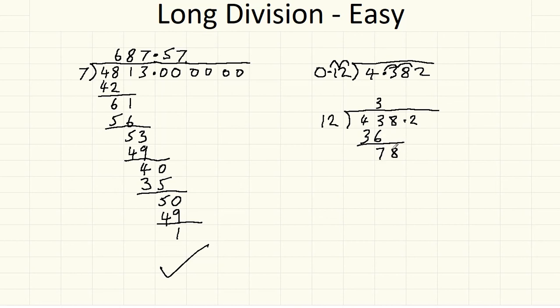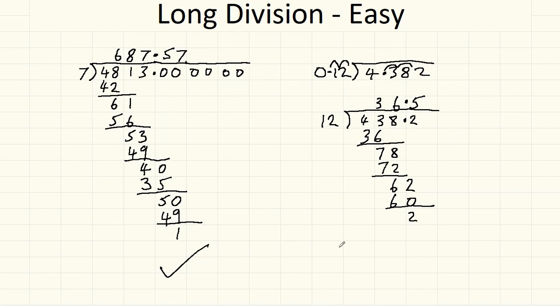Bring down the 8. 12s into 78 go 6. 6 12s are 72. Difference is 6. Bring down the 2. 12s into 62 are 5. 5 12s are 60. Difference is 2. I'm going to go no further with this. We've got 1 decimal place, which is good enough. So the answer is 36.5 something.